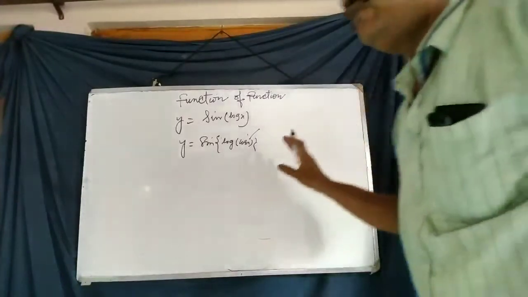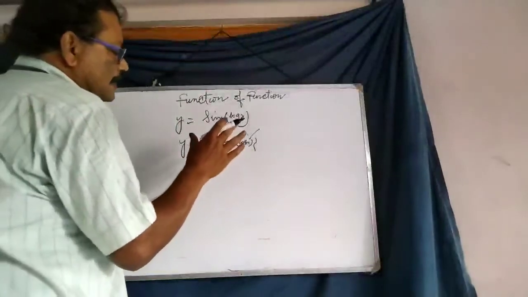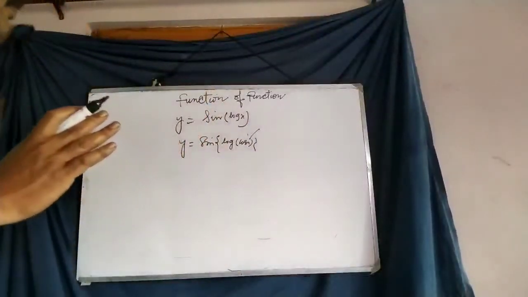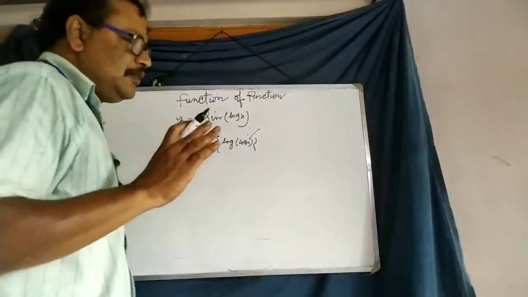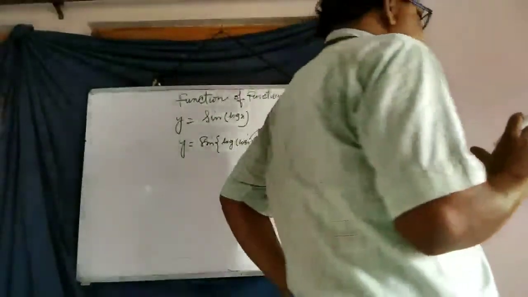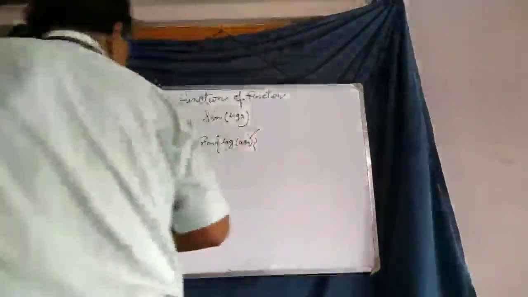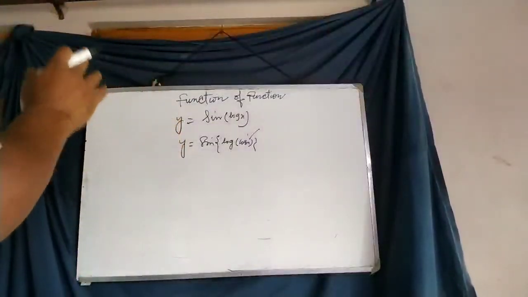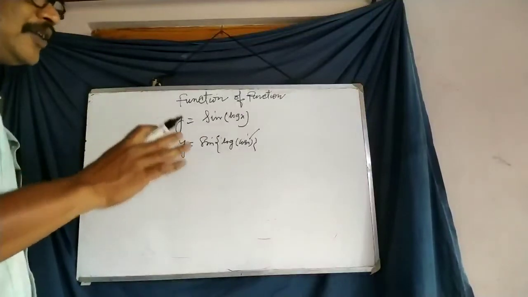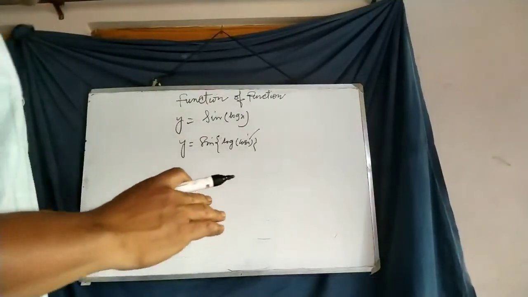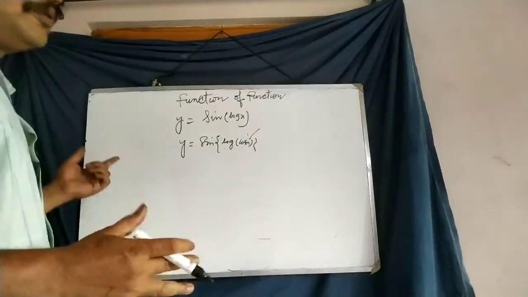So an infinite number of functions can be expressed as a function of function. How to solve the differential coefficient of a function of this type? Because if the function is expressed in this form, then how will we solve the differential coefficient? This is the vital question in this problem.